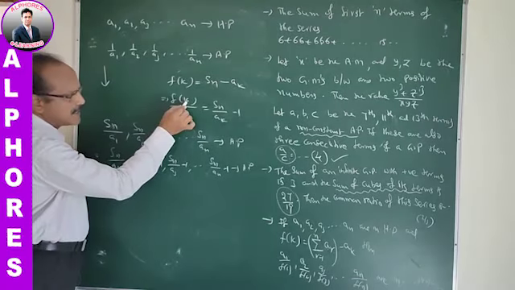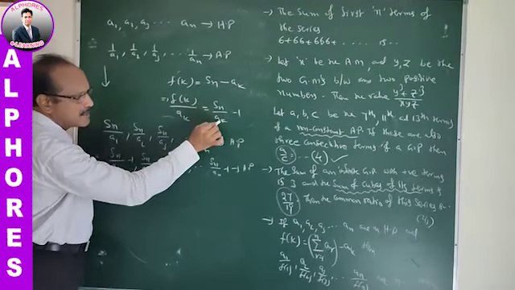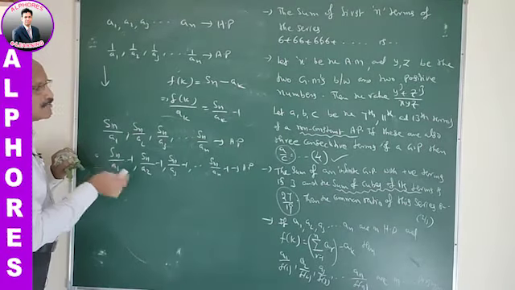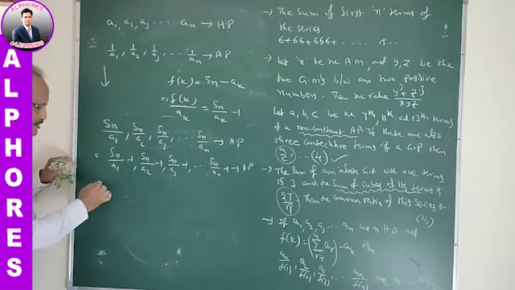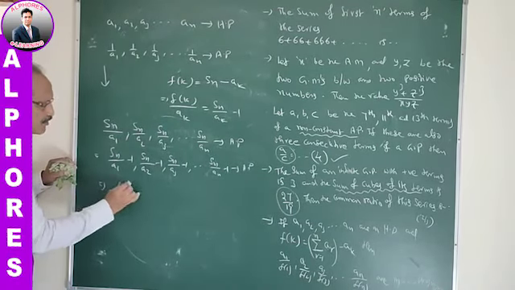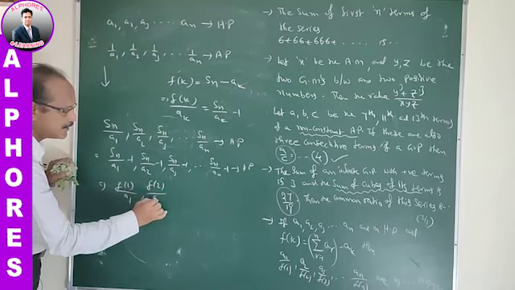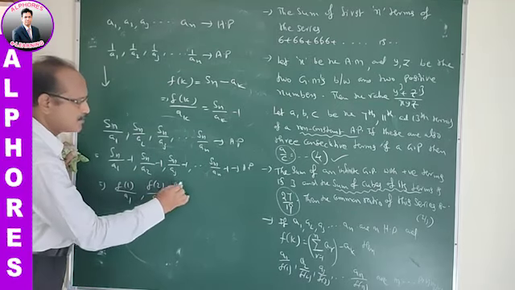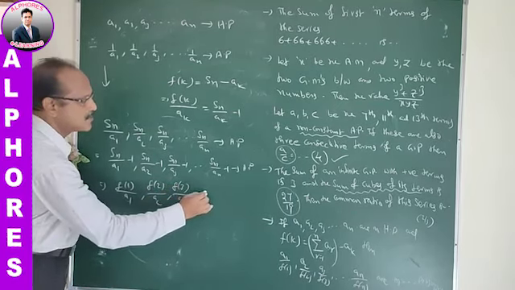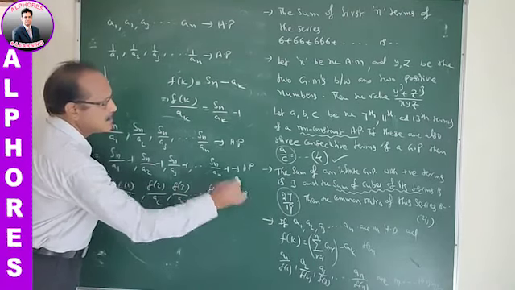If you keep k equal to 1, then f of 1 by a1 is equal to S_1 by a1 minus 1. Then this term becomes f of 1 by a1, this term becomes f of 2 by a2, and so on: f of 3 by a3, and so on, f of n by an. These terms are in AP.